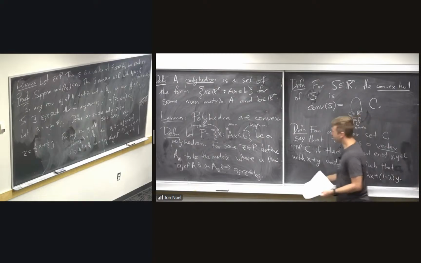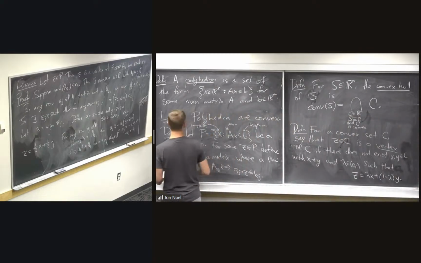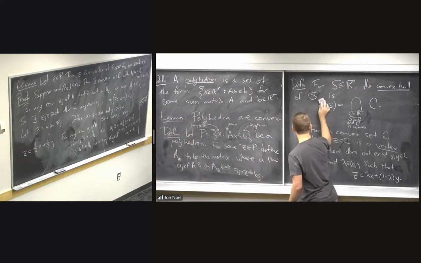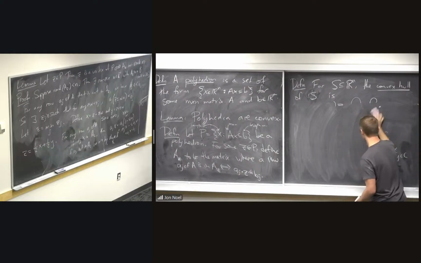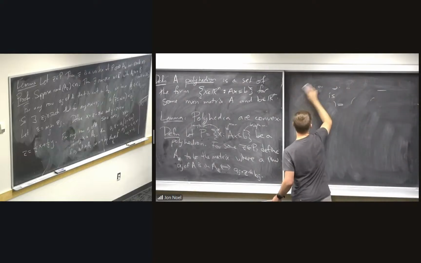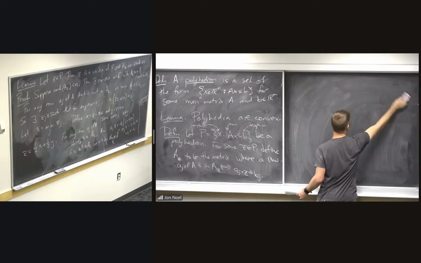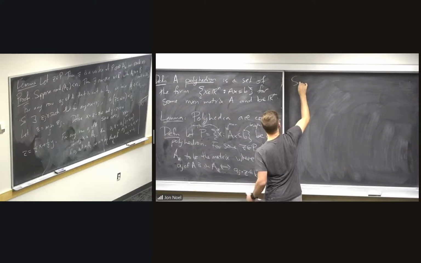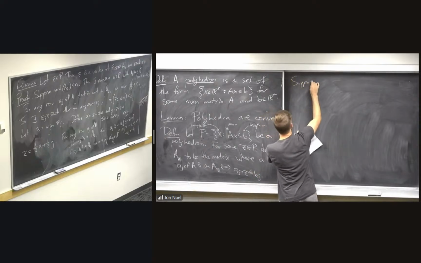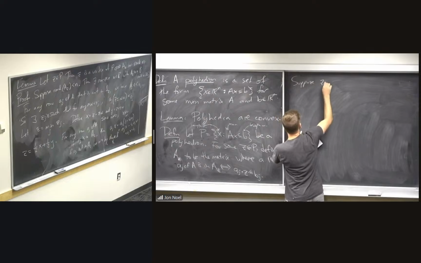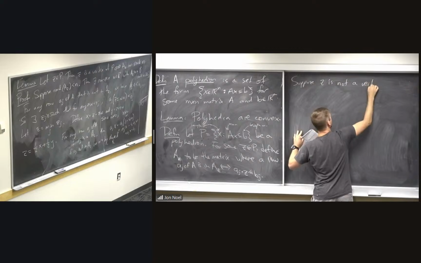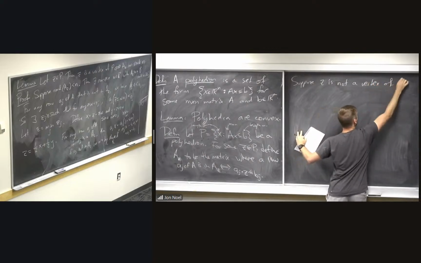For the other direction, now suppose z is not a vertex of the polyhedron.